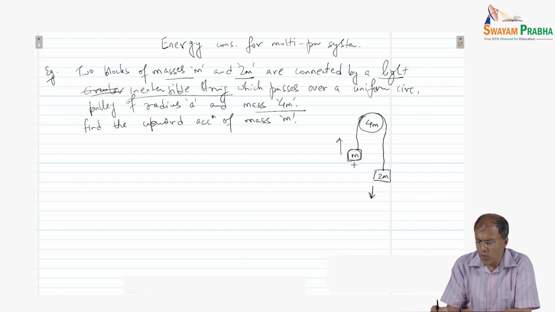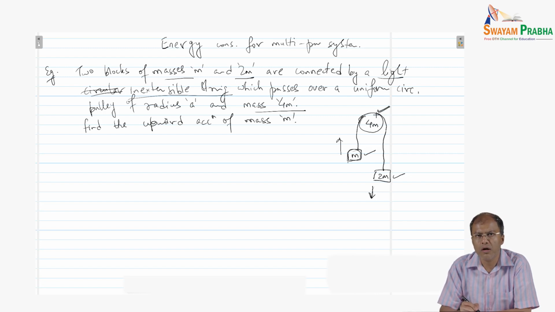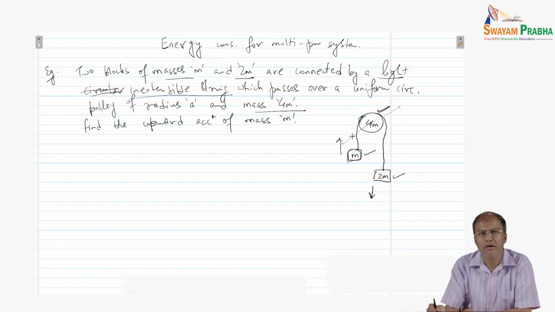So we have to write the total energy of the system, where the system includes the masses m and 2m, and also since we have associated a mass of 4m with the pulley, it's going to contribute to the total energy of the system as well, because when the string is moving with the masses, the pulley is also rotating about its central axis, where it's pinned. So we can treat the pulley as a uniform circular disc, right?